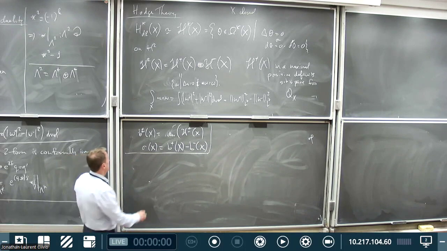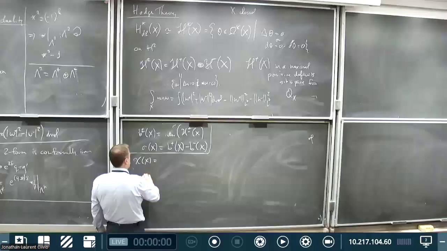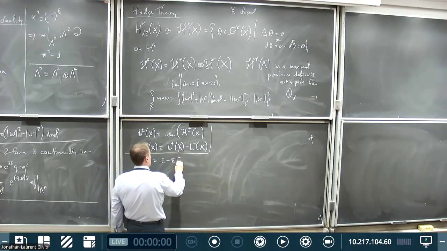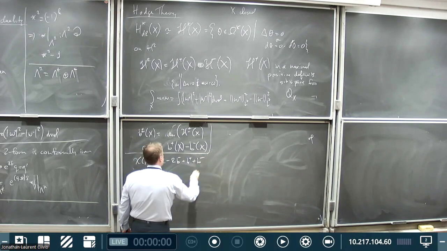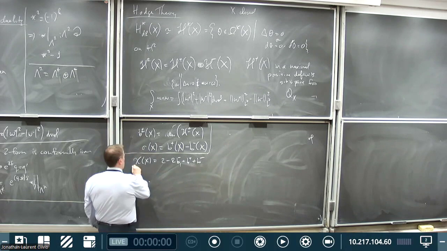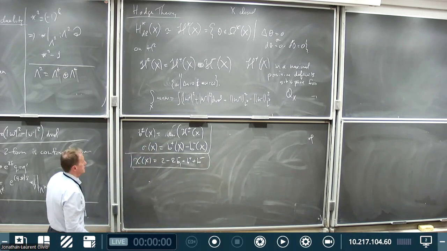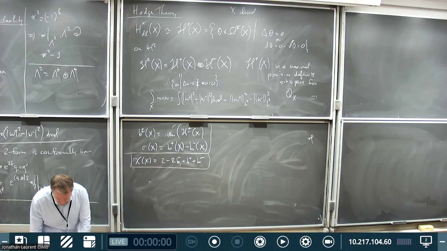And just so I know for later, the Euler characteristic of X is going to be rewritten in terms of b plus and b minus, like so. Okay.